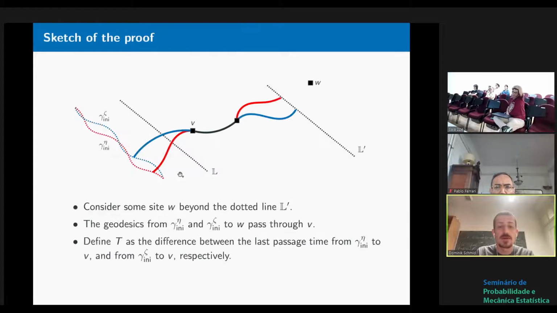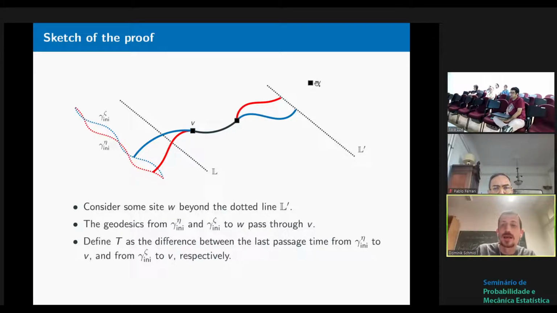Okay? So let me give you an idea how we show that. The idea is to say that whenever we have our two processes started from two interfaces, because this corner growth model description is a one-to-one description, whenever the two processes are above this line L prime, the goal is to show that their evolution will only depend on the initial growth interfaces by this random time shift t.